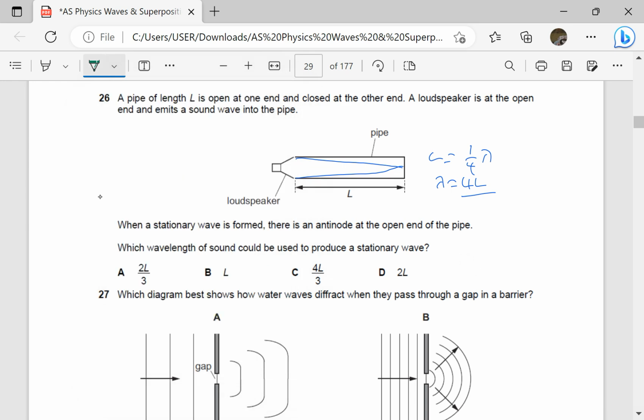So we shall introduce an antinode there. So for that one, L is going to represent a half plus a quarter wavelength, that is 3 over 4 wavelength, which means wavelength is going to be 4L divided by 3, and that one we have it, so the answer is C.